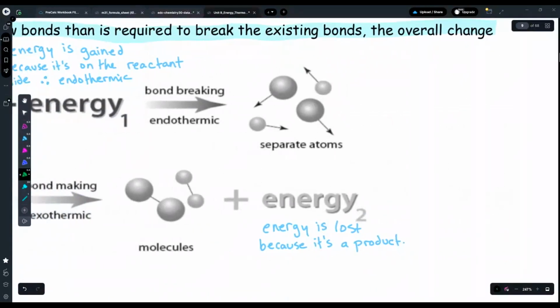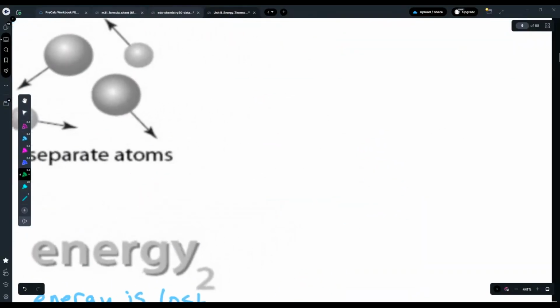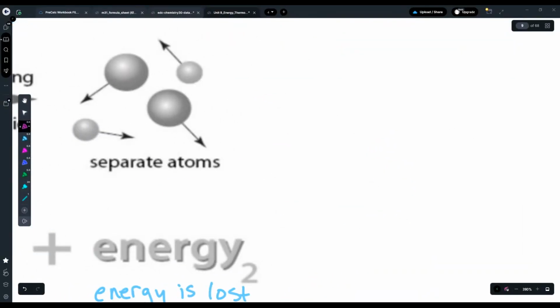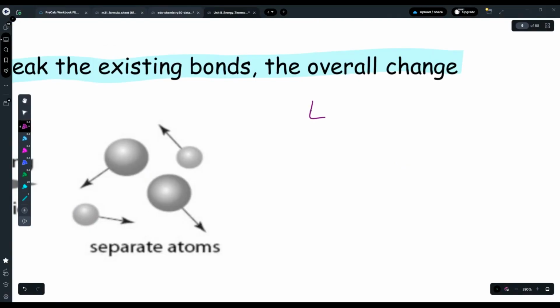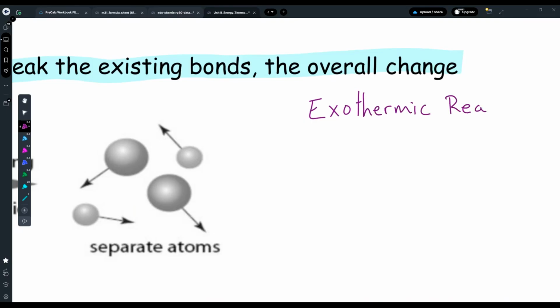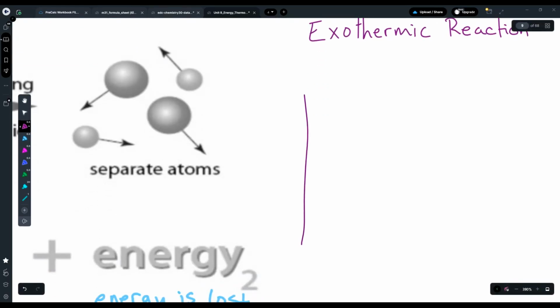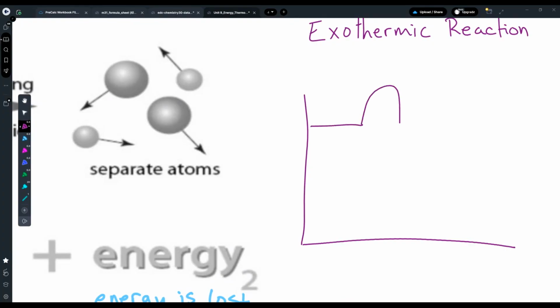Now, let's draw an exothermic reaction over on this other side here. So this time I'll put my title up above. Alright, so let's label our axes.